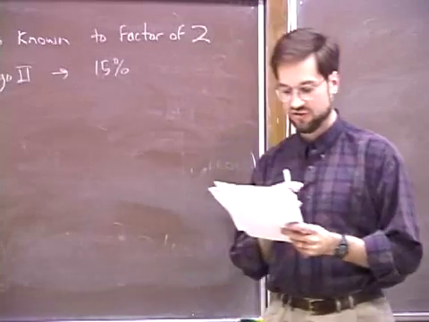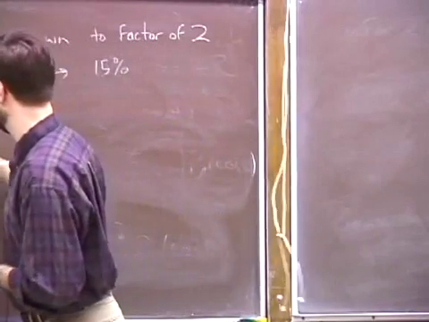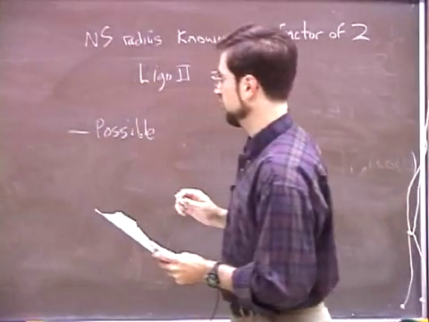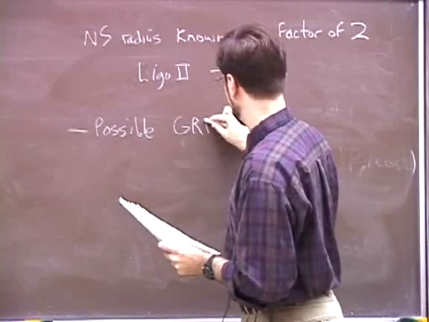So another reason that neutron star tidal disruption is interesting is that this is a possible gamma ray burst model.